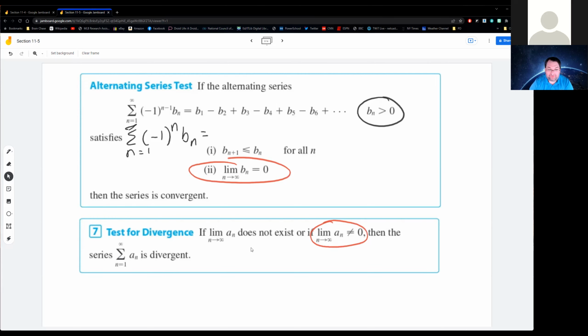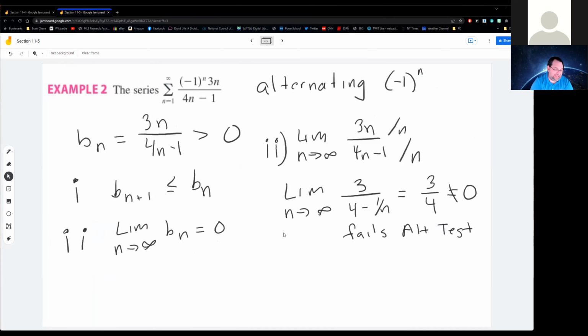So if it fails criteria 2, that limit does not equal 0, then by the test for divergence, it passes the test for divergence and it is divergent. So this series fails the alternating series test.